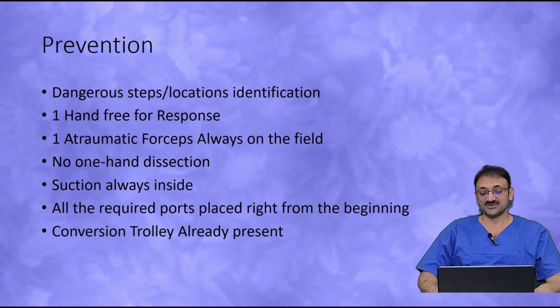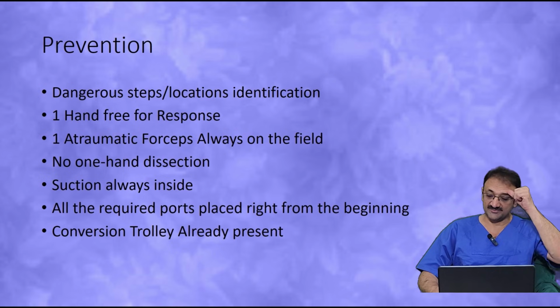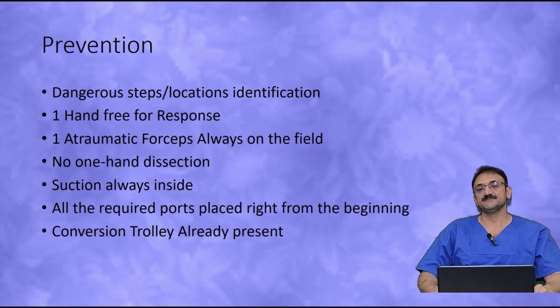One hand should always be free for a response. An atraumatic forceps must always be kept on the field, like for the right-handed surgeon, the left-handed port and the left-handed working port must be having an atraumatic forceps. I usually use an atraumatic bipolar forceps. It is really helpful in retraction.